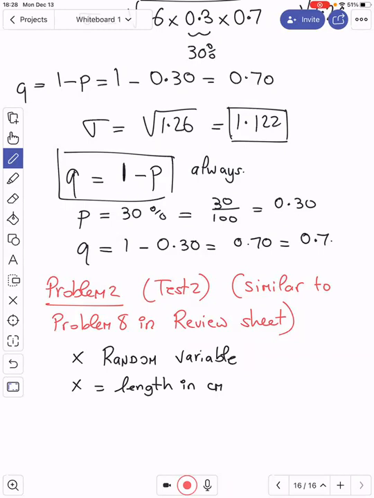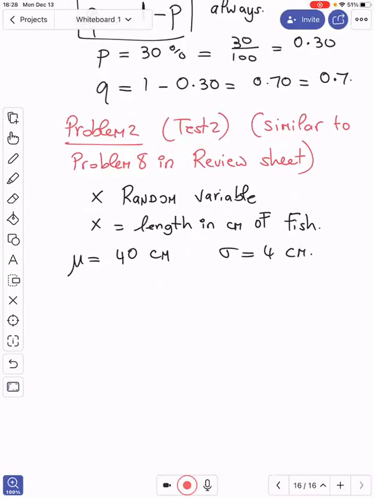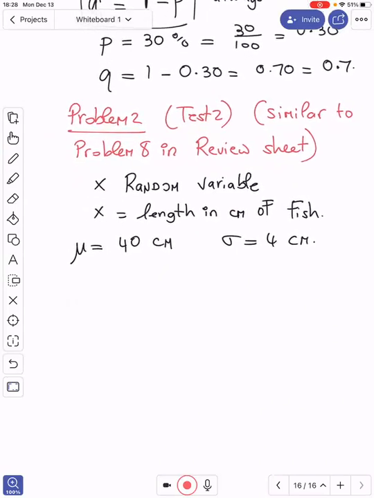For the length of a fish caught in this lake, the population mean is 40 centimeters and the standard deviation is 4 centimeters.